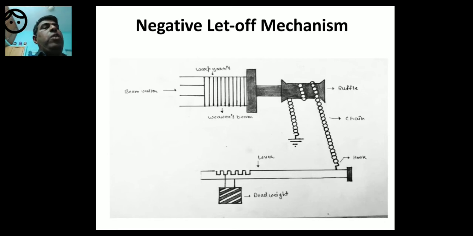One end is fixed, and the other end is connected to the hook, and before passing to the hook the chain is wound around 1.5 to 2 times around the ruffle. So this is the chain function. So far we have studied beam barrel, flanges, ruffle and chain.